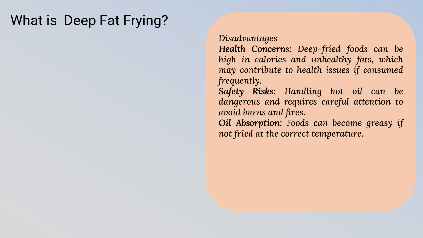Now the question is to what extent it will be heated. You need to heat the oil to the smoke point. Once the oil is getting heated and coming to the right temperature level, the smoke will start coming out, and that is the indication that the oil has come to the right temperature level.